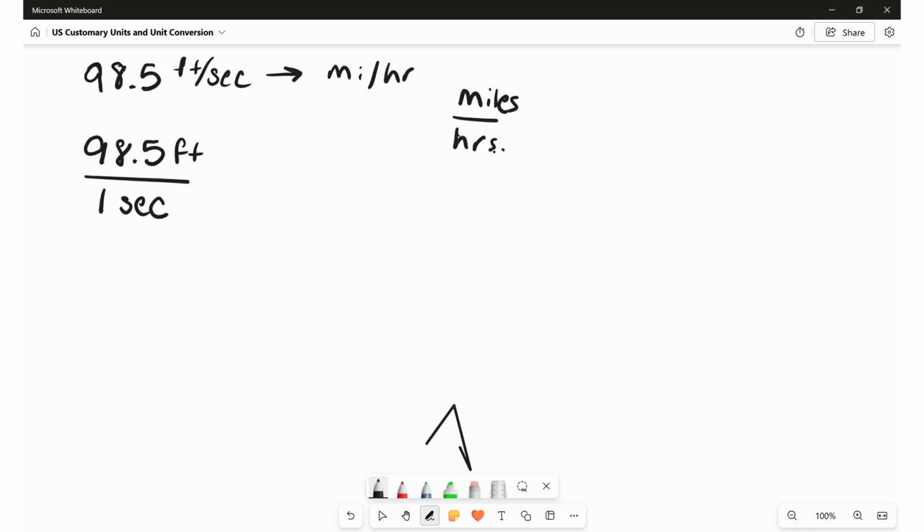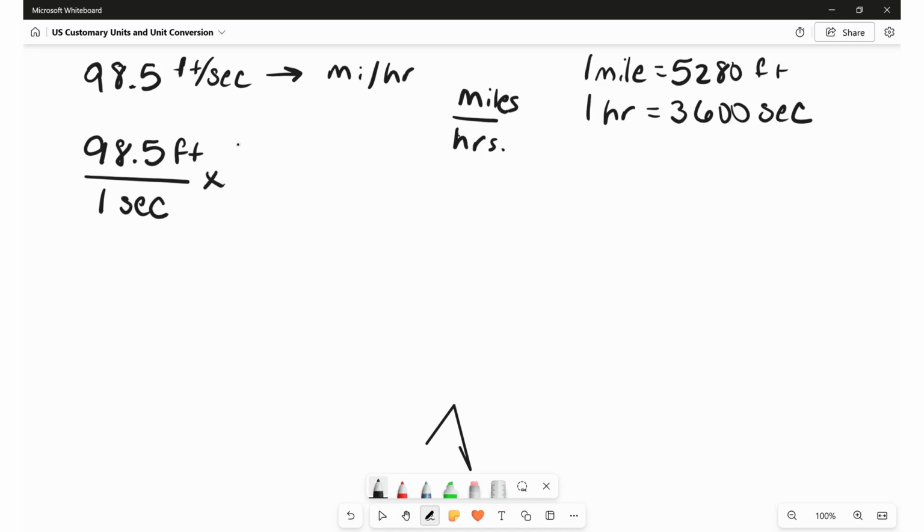We happen to know a couple of things here. From our unit conversion, we know that 1 mile is the equivalent of 5,280 feet, and in 1 hour there are 3,600 seconds. It doesn't matter which one you do first.